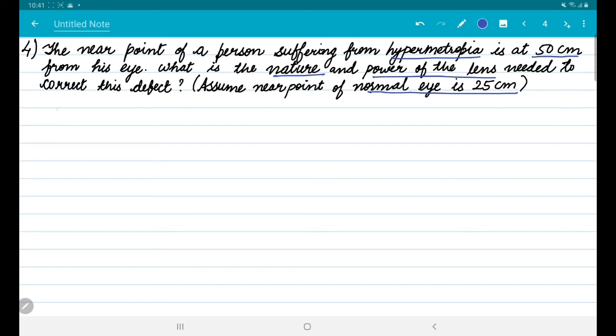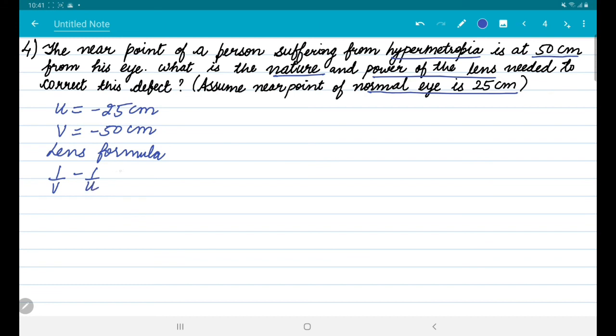In the same way, we will be doing this numerical. u is equal to minus 25 centimeter. v will be equal to minus 50 centimeter. We will be using lens formula. 1 by v minus 1 by u is equal to 1 by f. v is minus 50, u is minus 25.